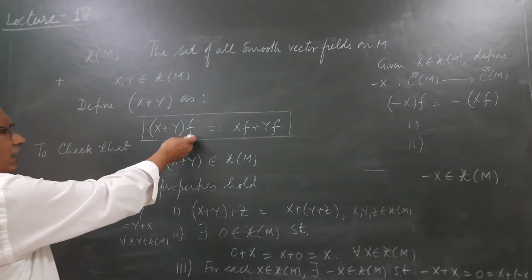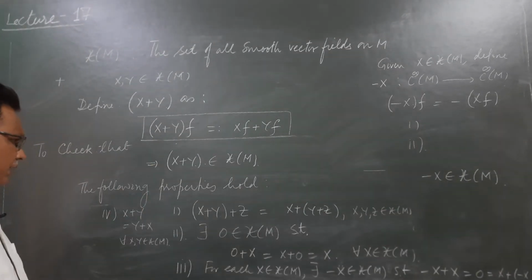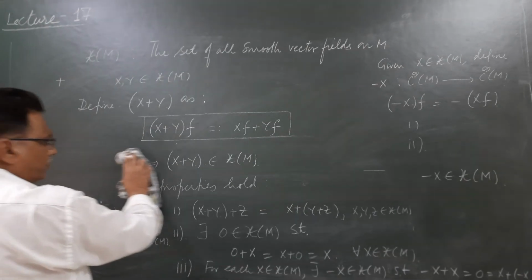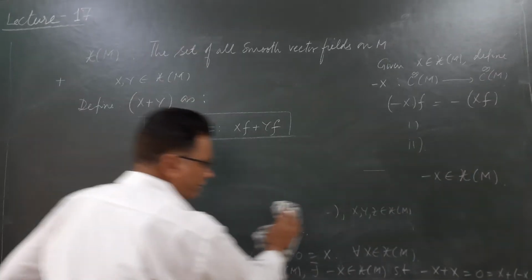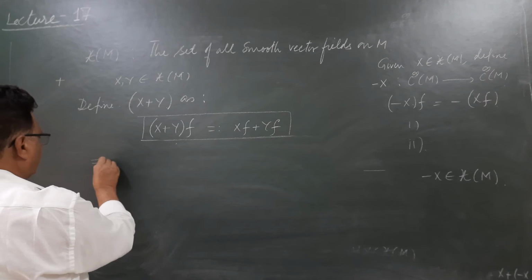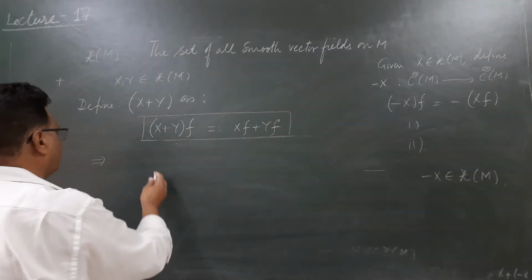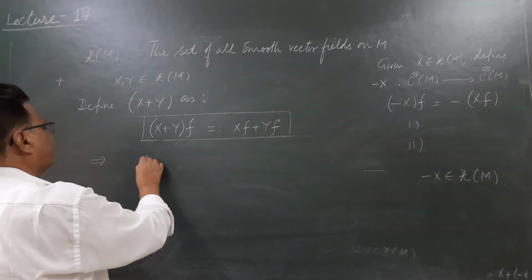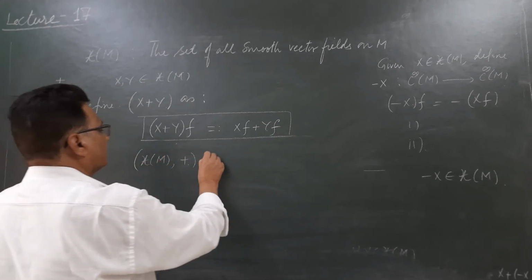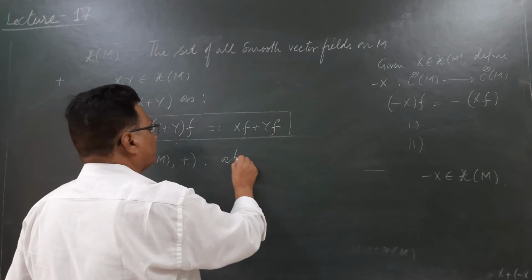This follows directly from the box relation, and therefore chi m is not just a set, it is an abelian group. So we conclude, after verifying all these things, that chi m under this addition is an abelian group.